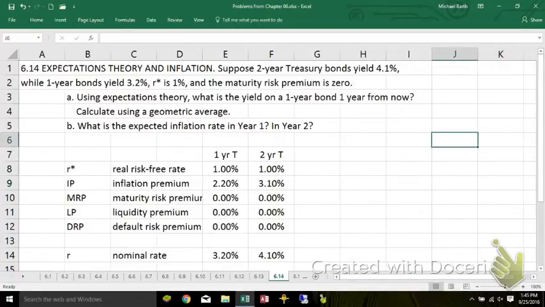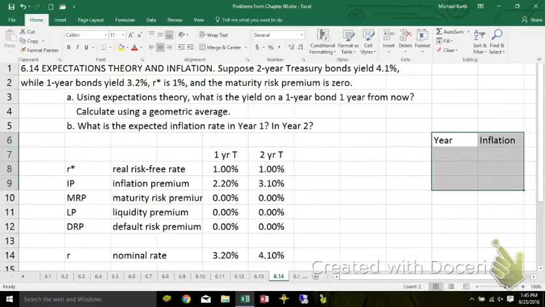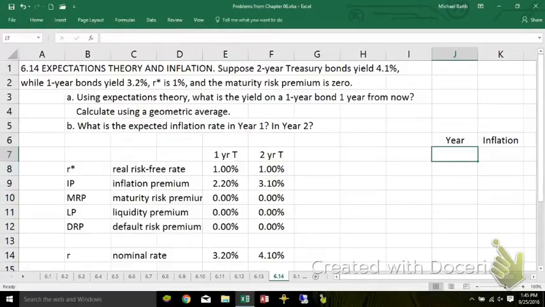So if I was to go over here and do the calculation, year and inflation, in year 1 and 2, in year 1 it's going to be 2.2%, and in year 2 it's going to be X. So that the average over a 2-year period would be 2.2% plus X divided by 2 would be equal to 3.10%.